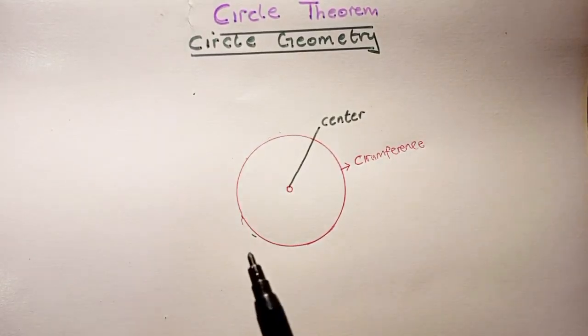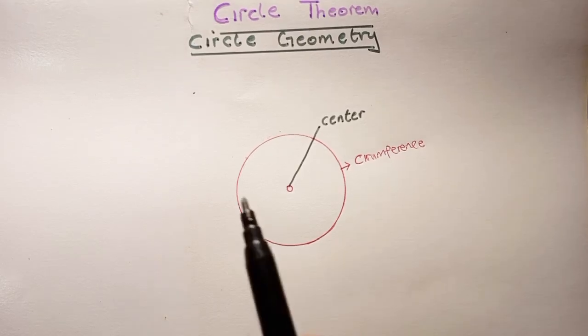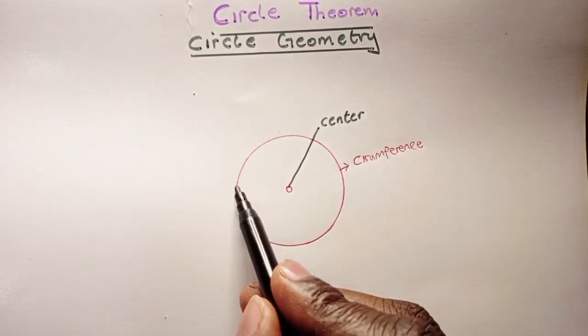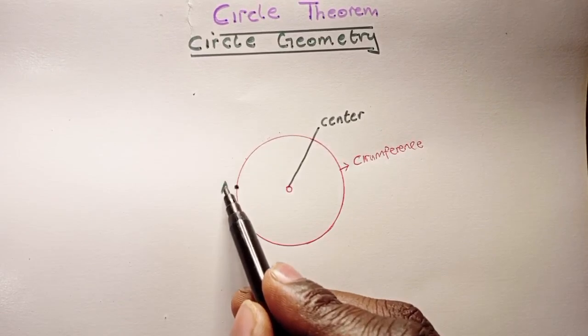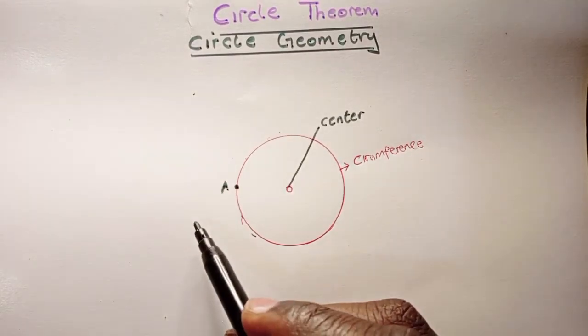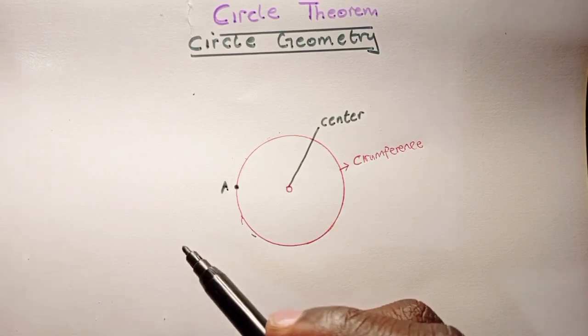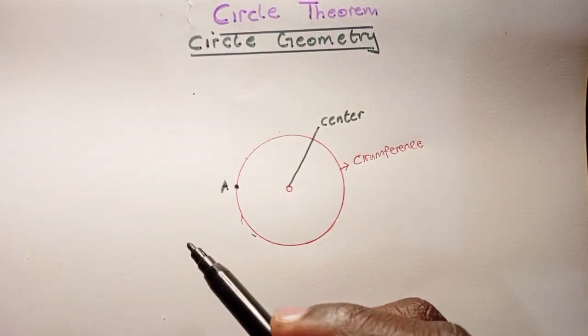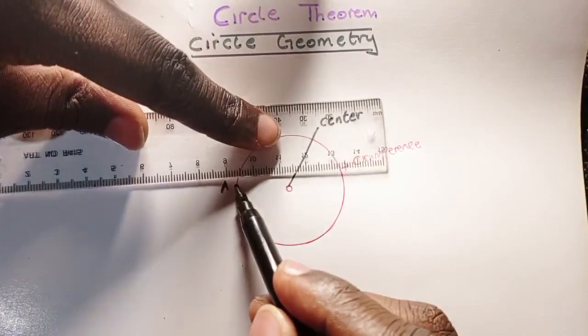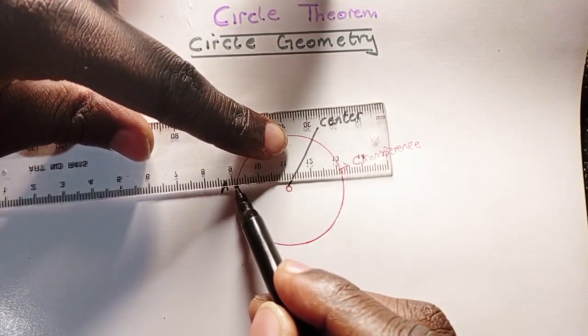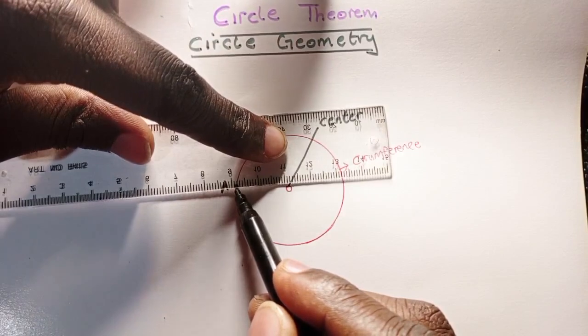And then now we come to other terminologies. From the circumference, let's say at this point A, I decide to make a line from A going to the center, O, like this.